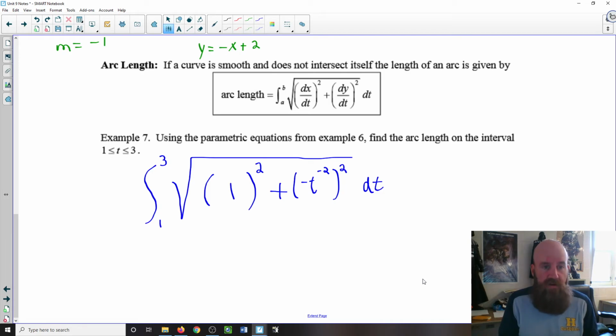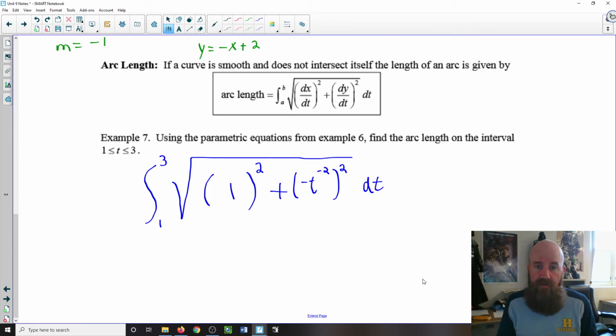Okay, so from 1 to 3, and you can be in any mode for this. You could be in rectangular, you could be in parametric, you're going to get the same thing.